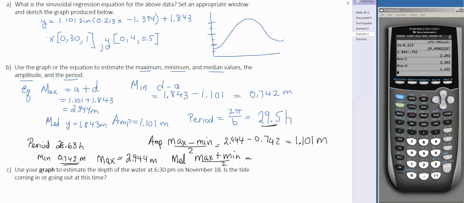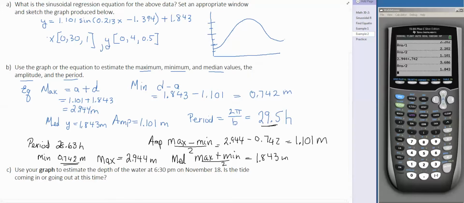So again, 2.944 plus 0.742, and then we divide this by 2, and that gives us again the median that we took right off of the equation. Okay, so that's question B. Let's move on to question number C.